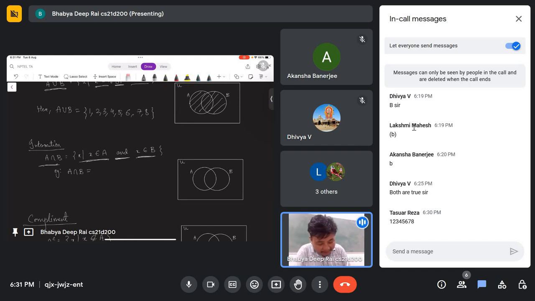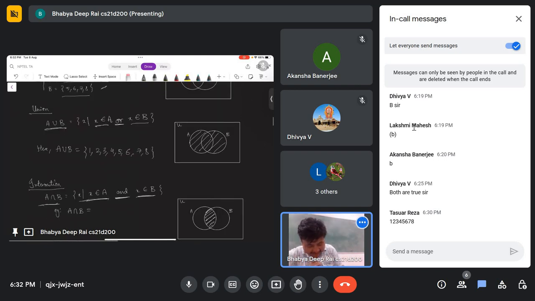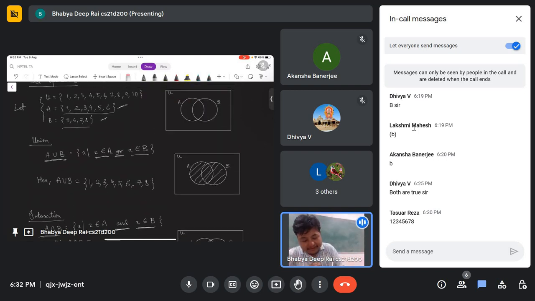So in the Venn diagram, if you see carefully, these are the elements which belong to the set A, and these same elements also belong to B. So this area, the shaded portion, is what is called the intersection. Similarly, this was the set I was dealing with.